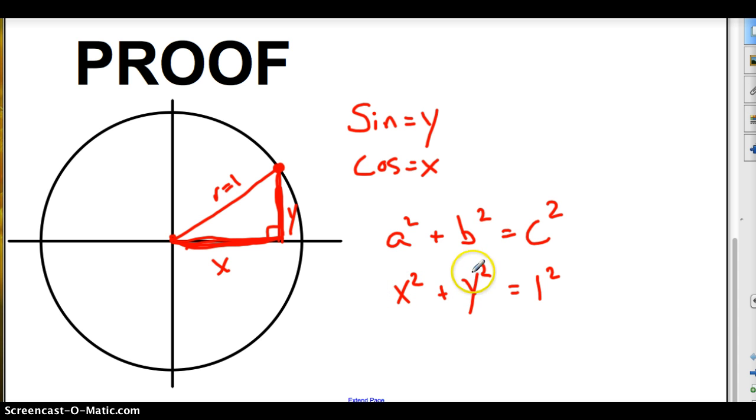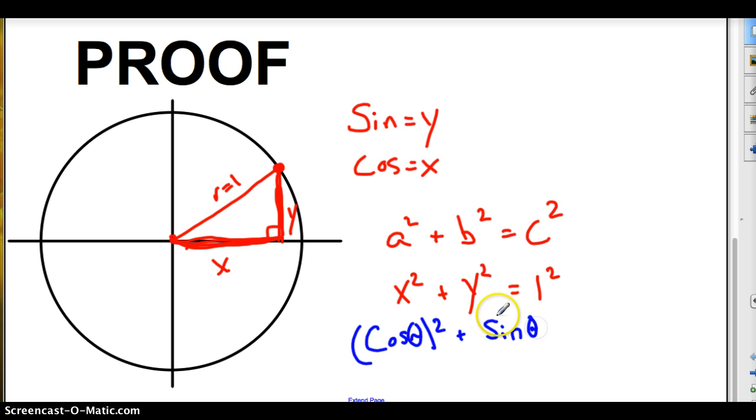Instead of writing x and y, we know that cosine is equal to the x value. So instead of writing x, I could write the cosine of theta. And my y value is always equal to sine, so instead of writing y, I could just say the sine of theta.